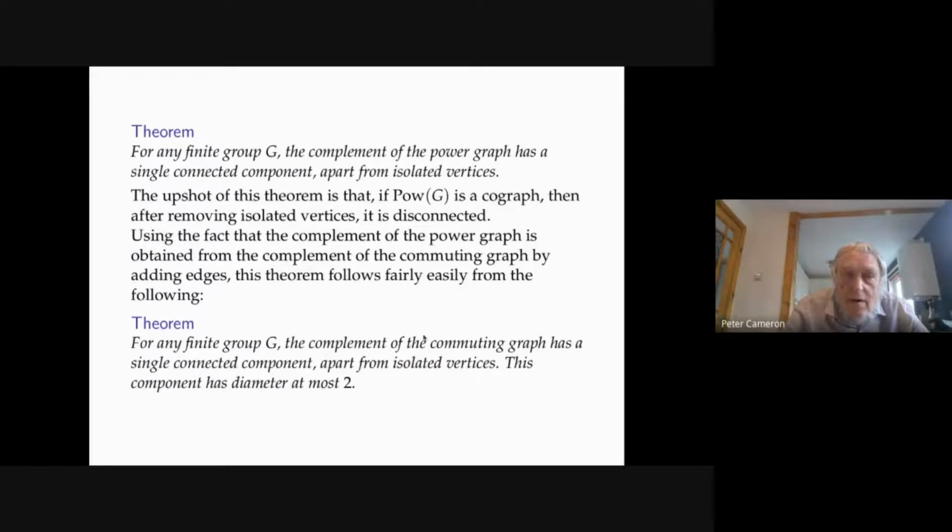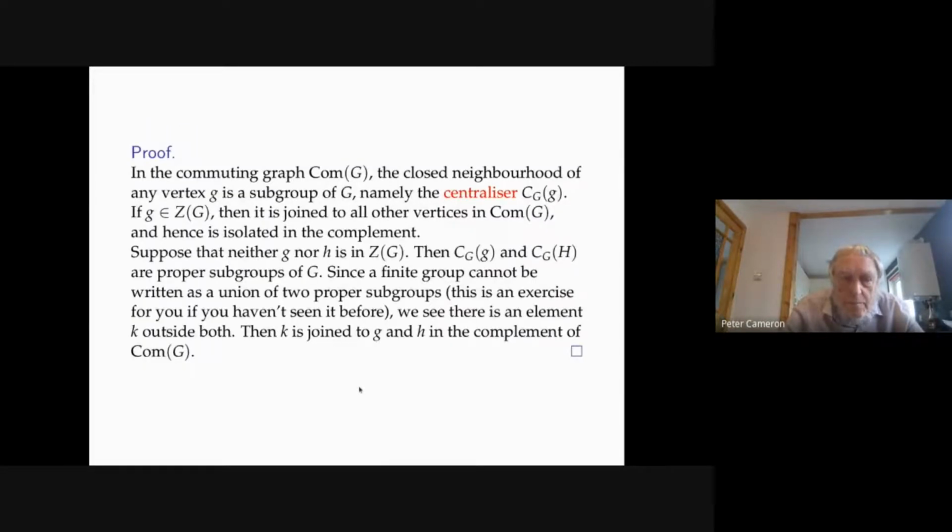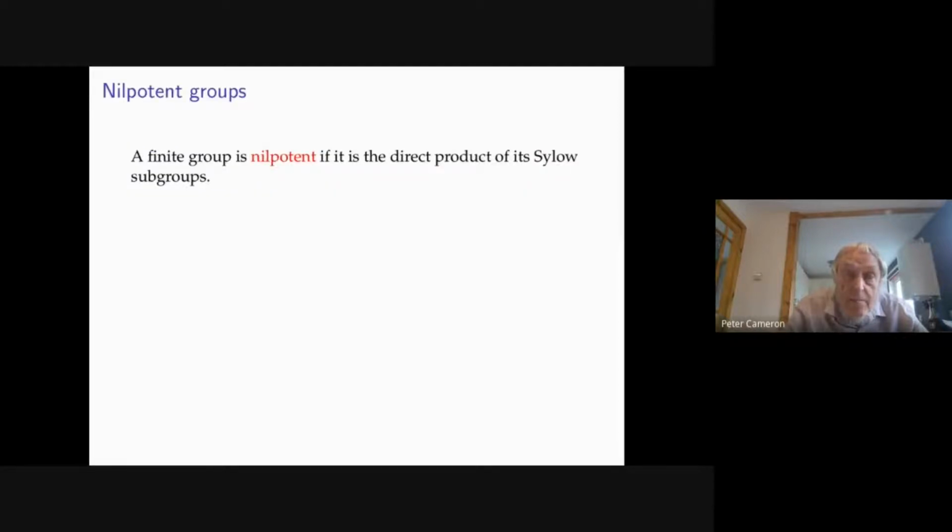The complement of the commuting graph has a single connected component of diameter at most 2, apart from isolated vertices. And as I said, the upshot of that is that if we're looking for groups whose power graph is a cograph, we're looking for groups whose power graph, once you remove vertices joined to everything, is disconnected.